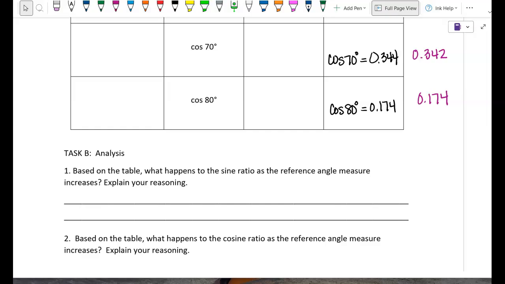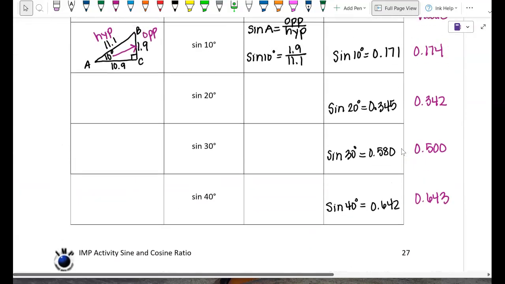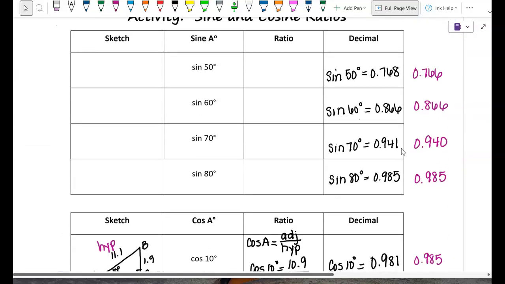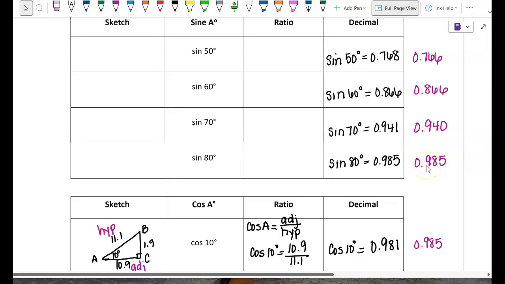All right, so based on the table, what happens to the sine ratio as the angle measure increases? What happened to that ratio as the angle measure got larger? I mean, we started out, sine of 10 was at 0.174 and the sine of 80 was 0.985.